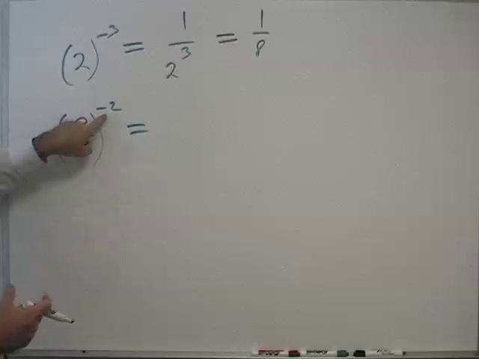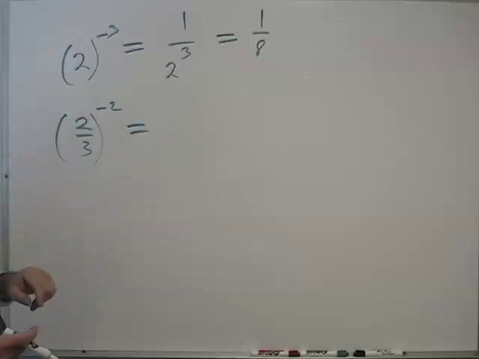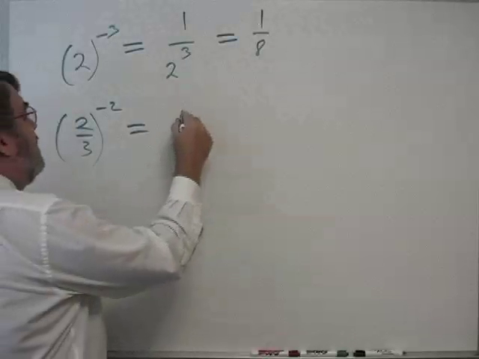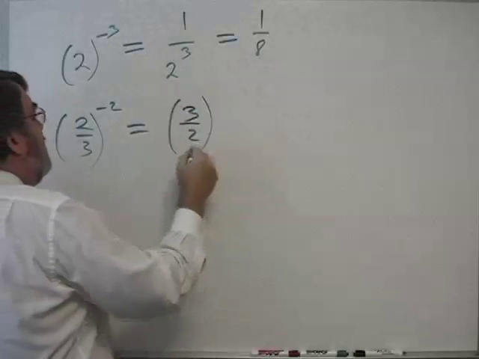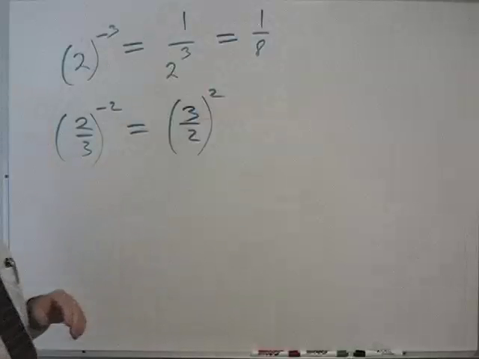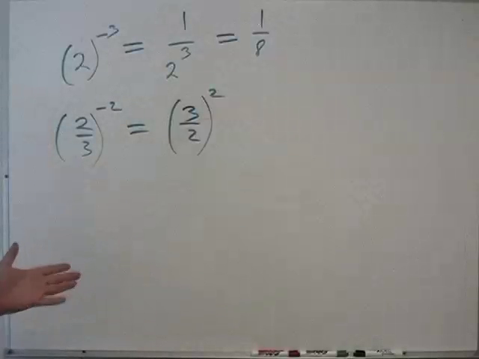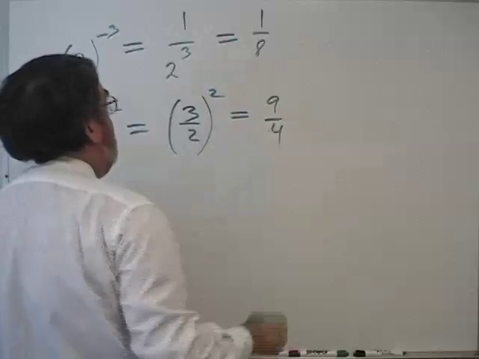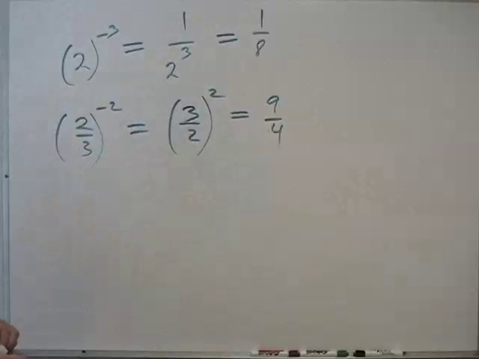So by changing the negative sign here to positive, this becomes 3/2. I have to invert the fraction. And now it's 3/2 to the 2nd power, which is what? This is going to be 9/4.